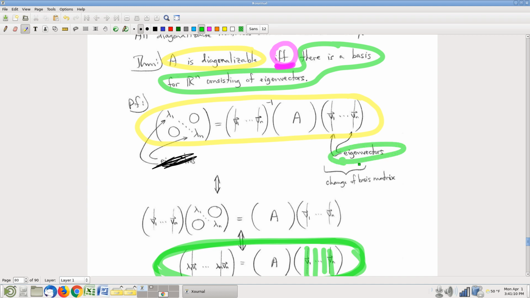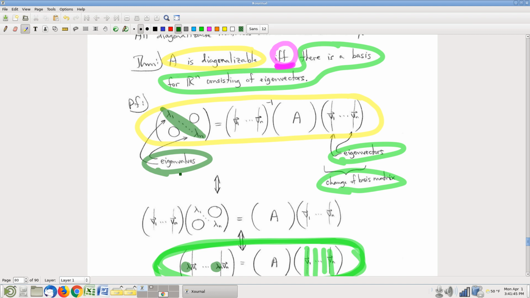And specifically, let me just remind you that those are eigenvectors as part of a conjugation. Conjugations are always by a change of basis matrix. Furthermore, you can see over here, these numbers are clearly the eigenvalues. Where did those numbers come from? Those are the diagonal entries. Those are the eigenvalues.